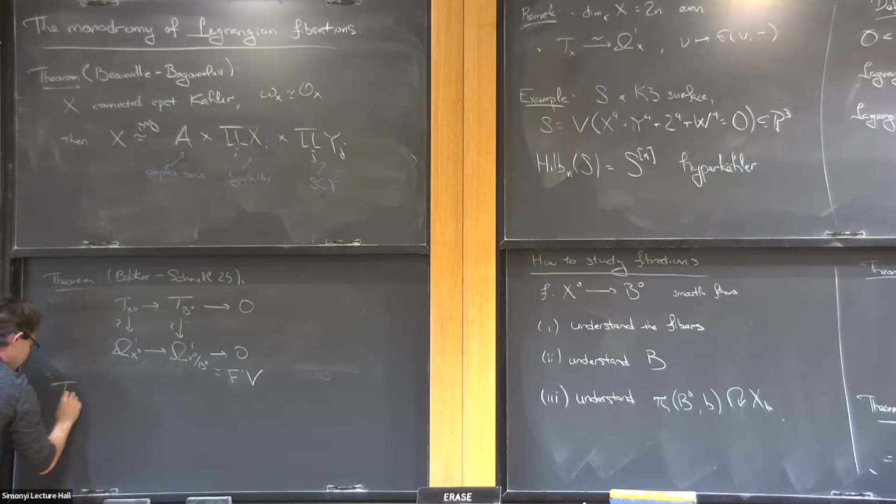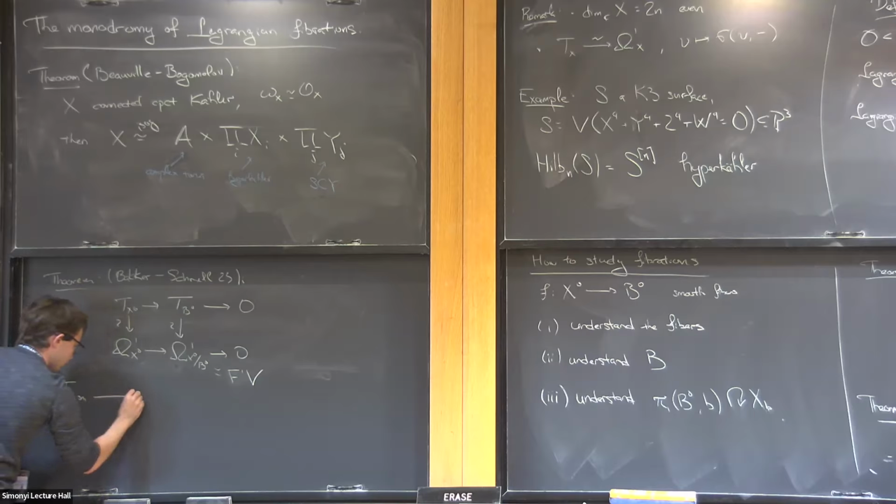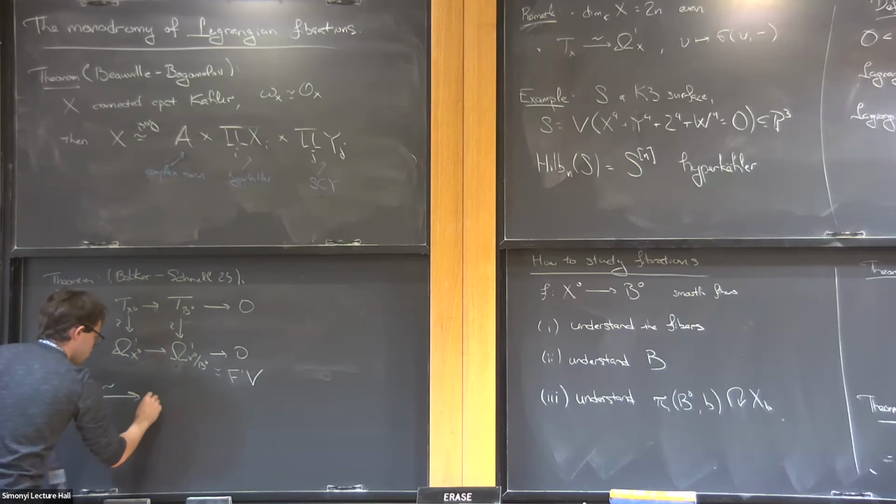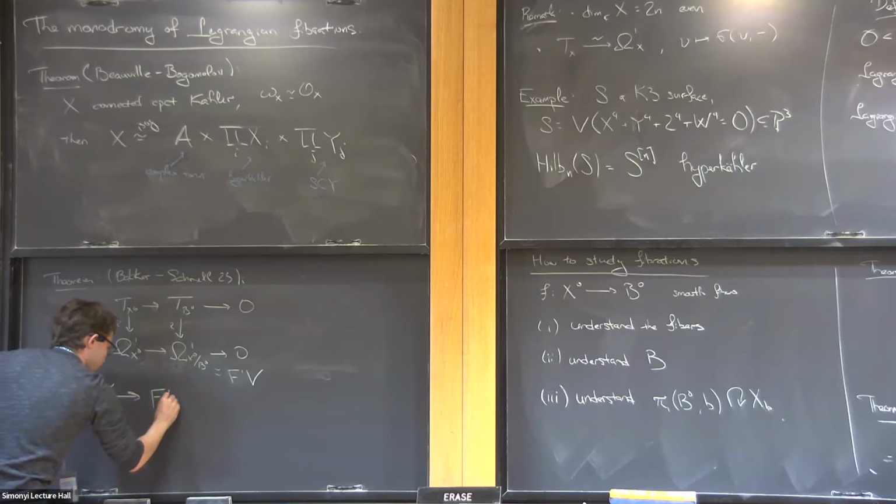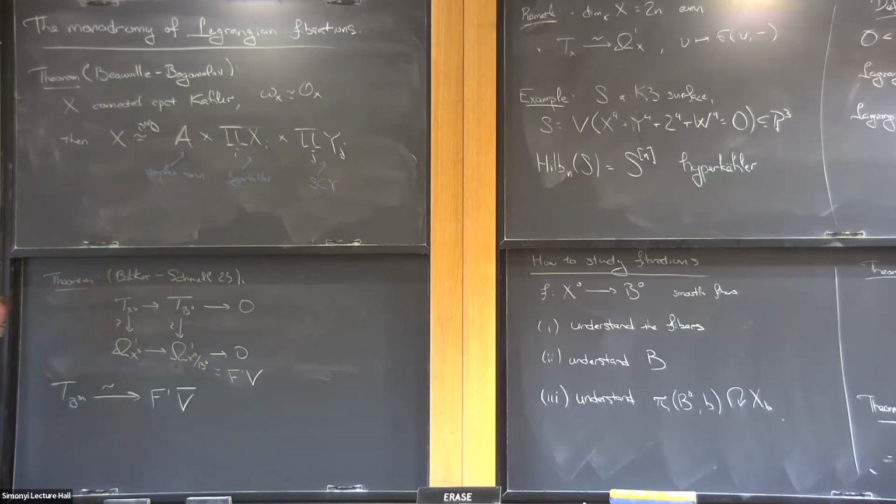But actually, we can extend this to an isomorphism over all the smooth points of V. We have the tangent bundle there maps isomorphically to, I'm going to write something down here, I won't tell you what it is, F1 V bar, this is Deligne's canonical extension of V with residue eigenvalues in the interval from -1 to 0. But the point is, it's just some bundle that plays nicely with the Hodge theory of V.